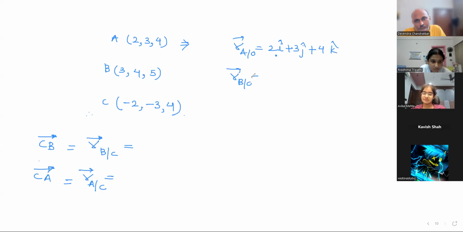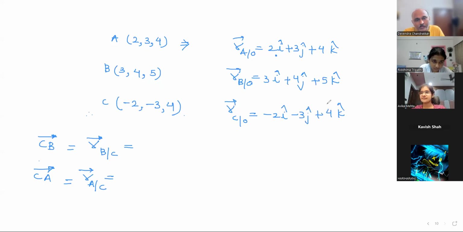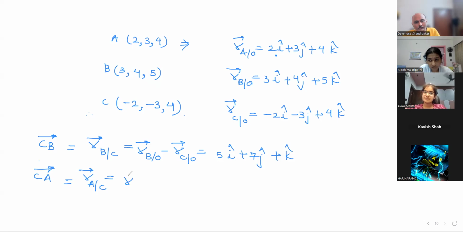RBO is 3i plus 4j plus 5k, and RCO is minus 2i minus 3j plus 4k. Right? Now what is RBC? RBC will be equal to vector RBO minus vector RCO. Shabash beta. Very good. So when you subtract it, what do you get? It's 5i cap plus 7j cap plus k cap. Right? What about this one?